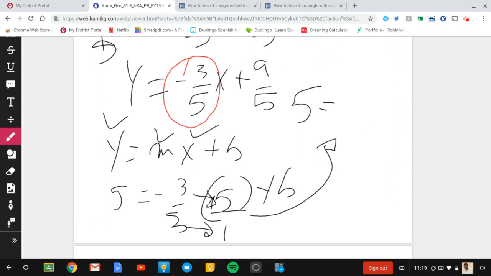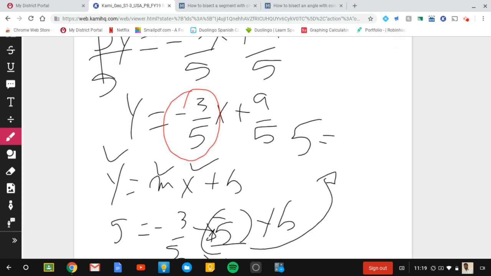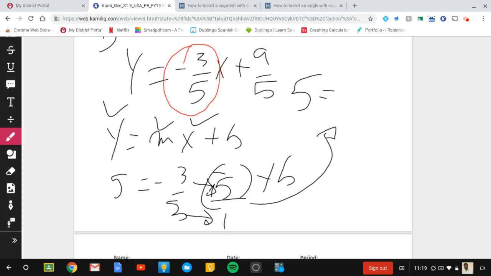For x, x is a negative 5, I'm sorry. Negative 5 times negative 3 would be positive 15, and 15 divided by 5 would be 3. So this would be 5 is equal to positive 3 plus b. Okay, now I need to solve for b.